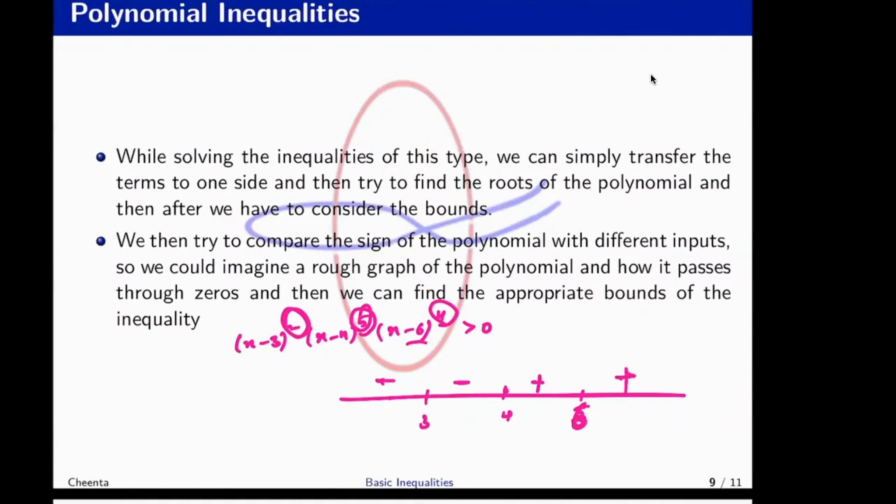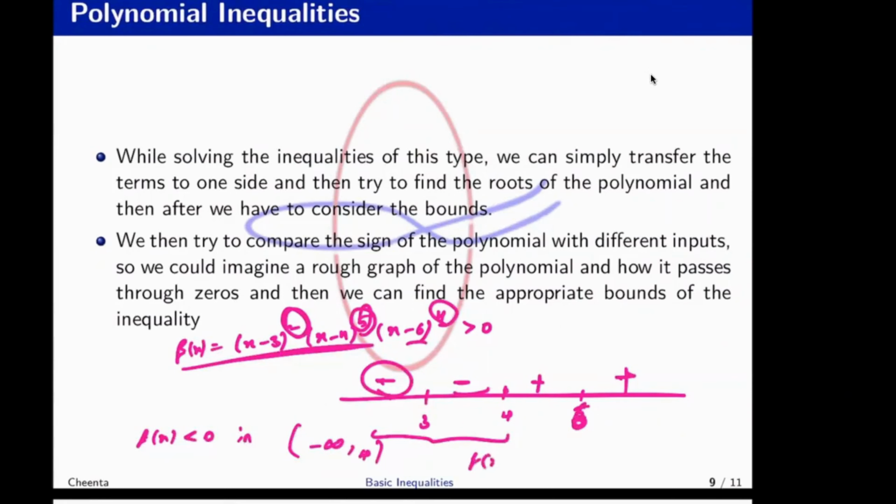So the polynomial f of x is less than 0 in minus infinity to 4, and f of x is greater than 0 in 4 to infinity. This is basically how to solve polynomial inequalities.